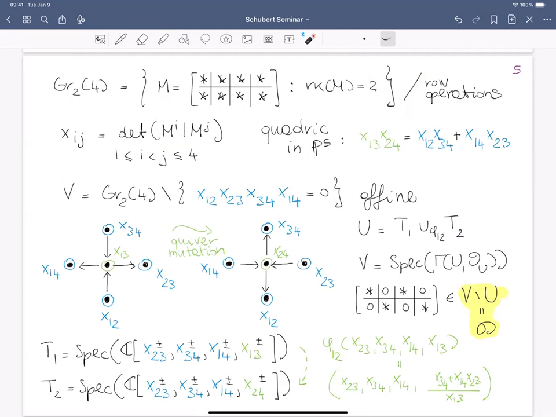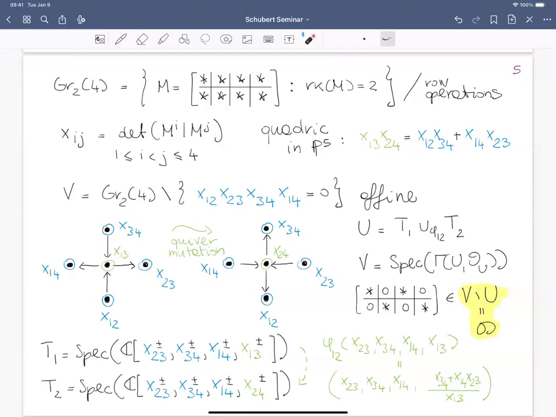And we can compute some numbers out of these matrices. I'm denoting x_ij the determinant of the ith and the jth column of the matrix M, for indices i and j that run between 1 and 4, let's say i is less than j.